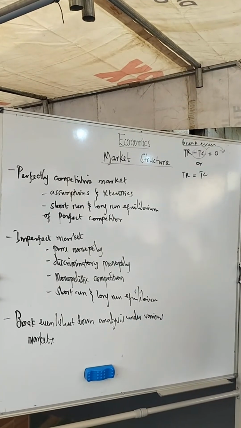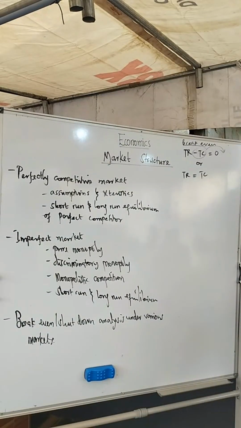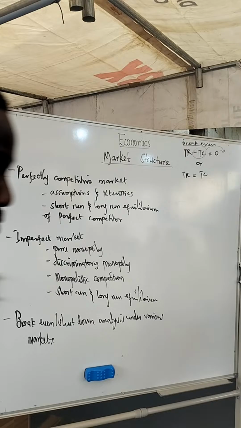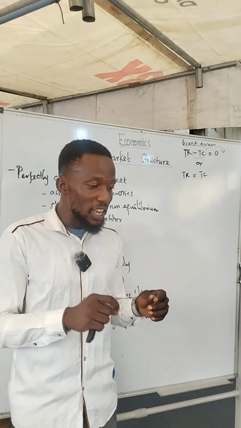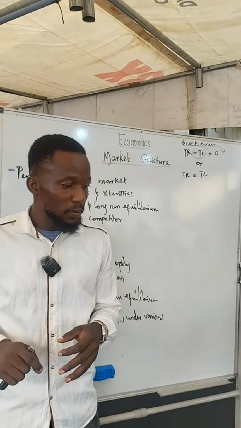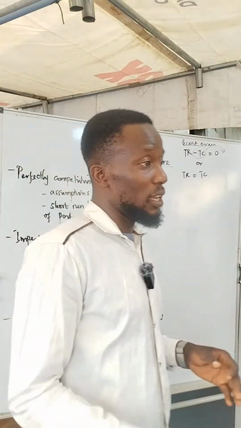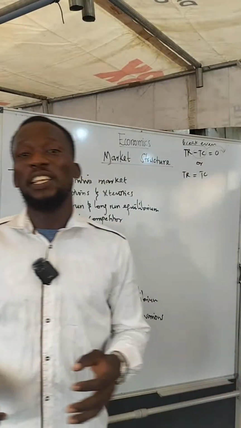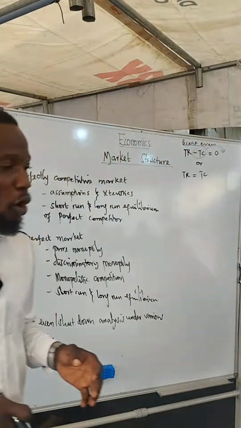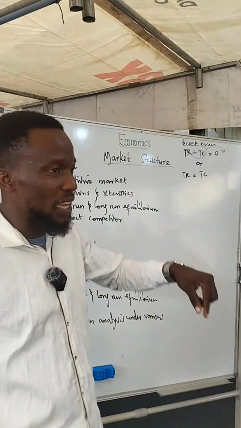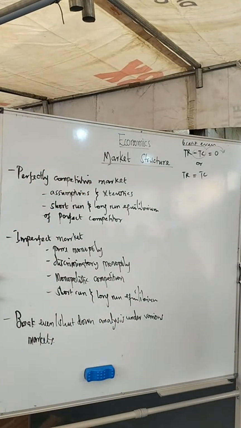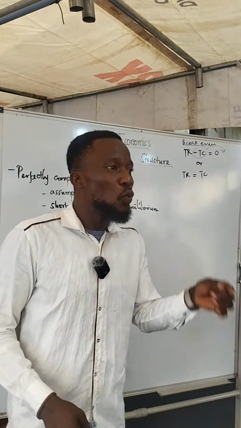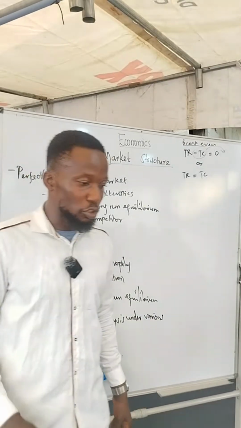Nobody will ask you the definition of a market structure, but just have it at the back of your mind: the organizational characteristics of a market that determine the nature of competition and pricing within that market. That is what a market structure is.